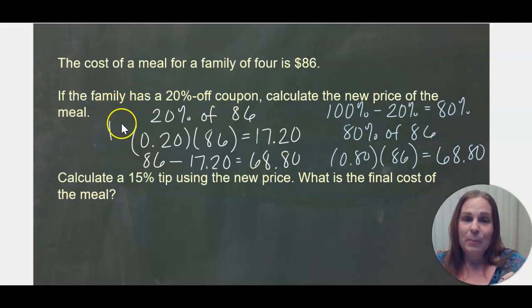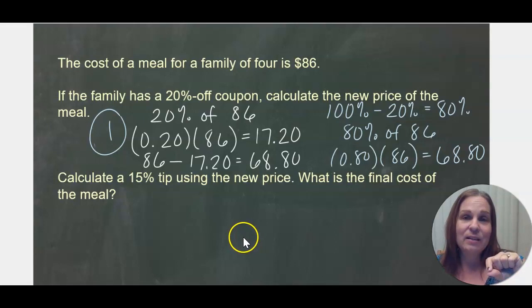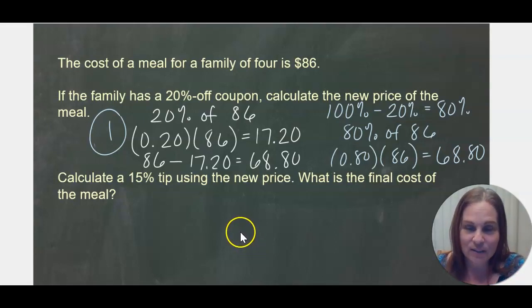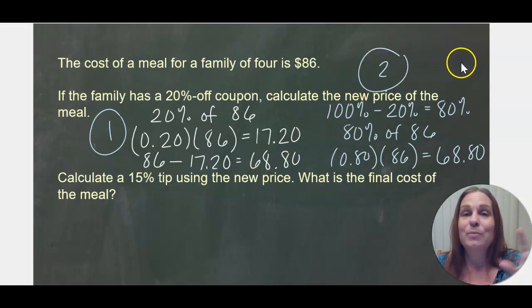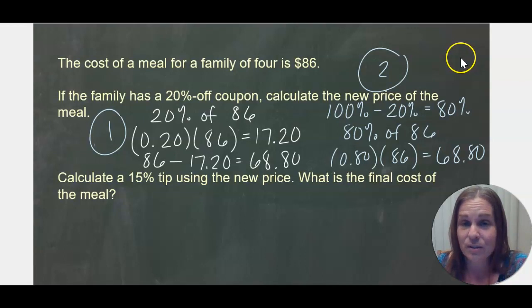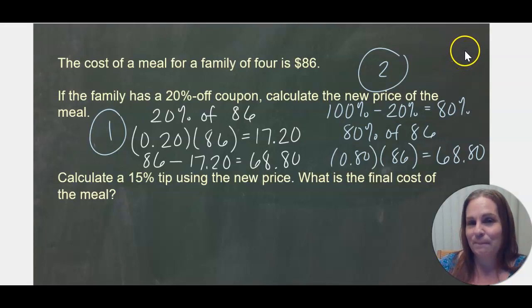In method number 1, I multiplied to find the amount of discount and then I subtracted that. In method number 2, I subtracted first, took off the 20% and then multiplied by the remaining percent. Either way, you're going to get the same answer.